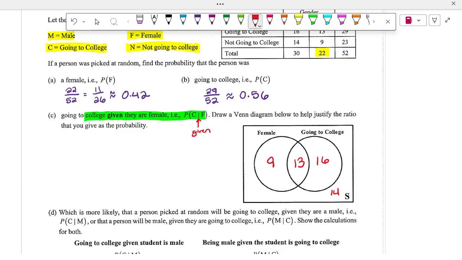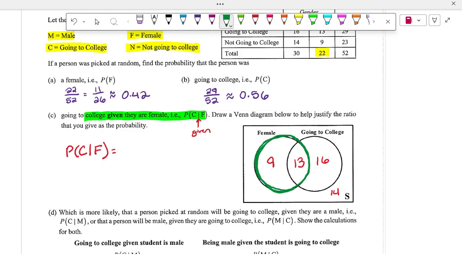Okay, so if you're looking at a Venn diagram, here's kind of how you can think about it. So we want the probability of this student going to college given that we already know that they're female. So that means that if we're looking at the Venn diagram, we're looking exclusively at this circle, the female circle only.